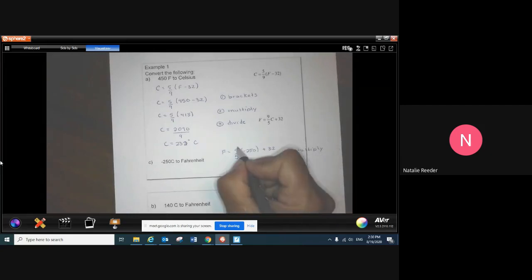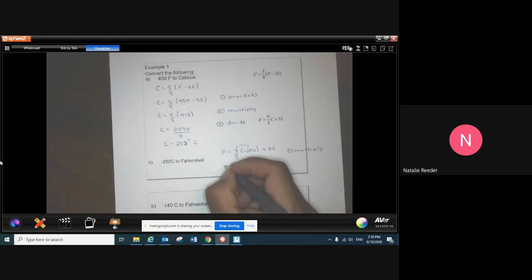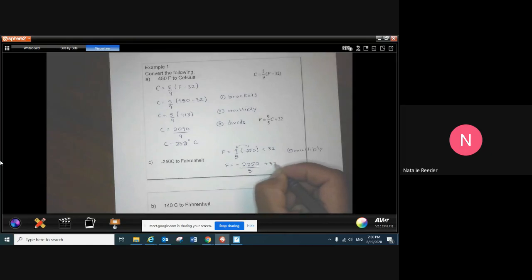So you're going to multiply 9 times negative 250. So 9 times negative 250 gives us a negative 2,250 divided by 5 plus 32. So now BEDMAS tells us that we need to divide before we add. So the second step is to divide.